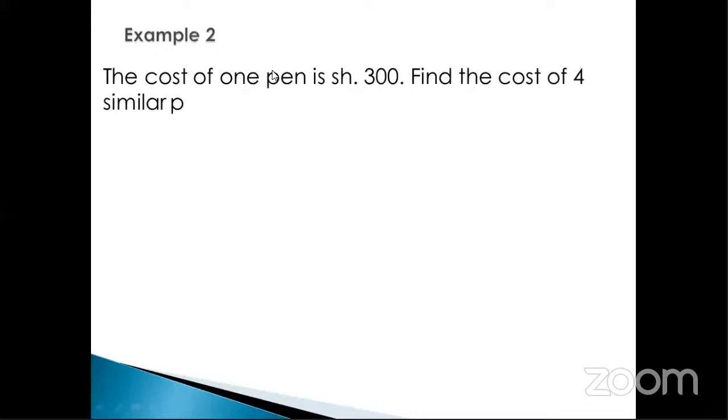The cost of 1 pen is 300 shillings. Find the cost of 4 similar pens. Again, can you read again for others to hear what you are reading? The cost of 1 pen is 300 shillings.